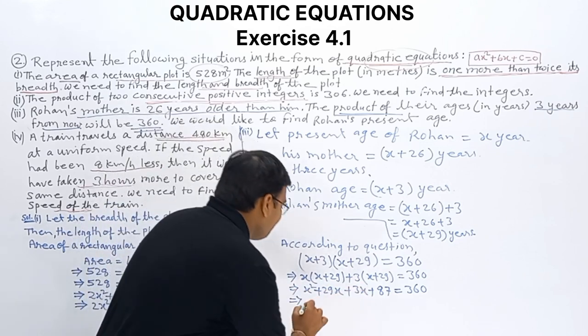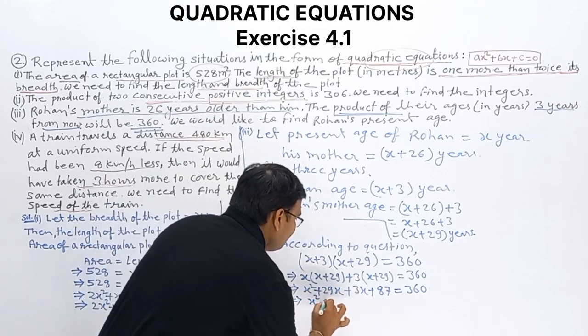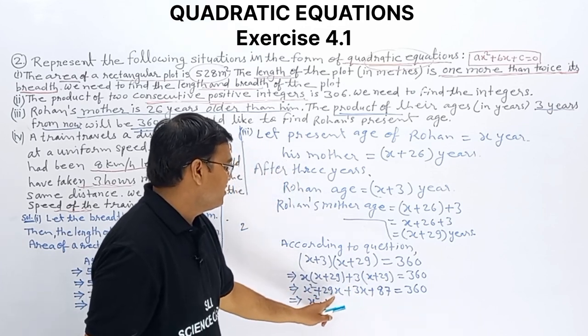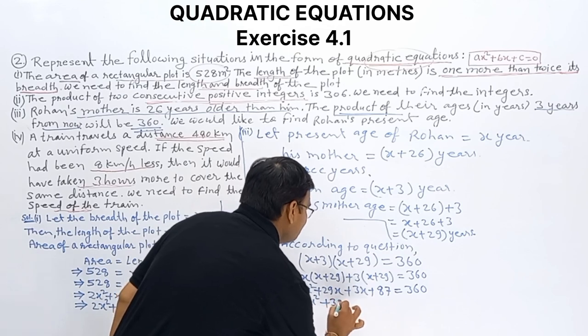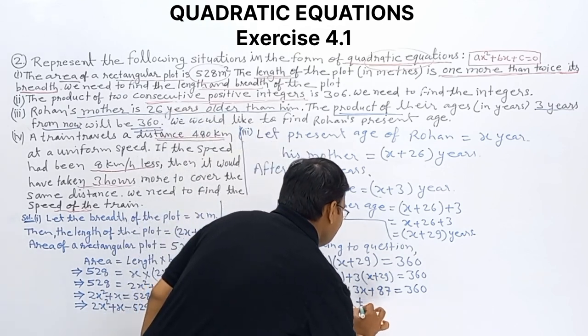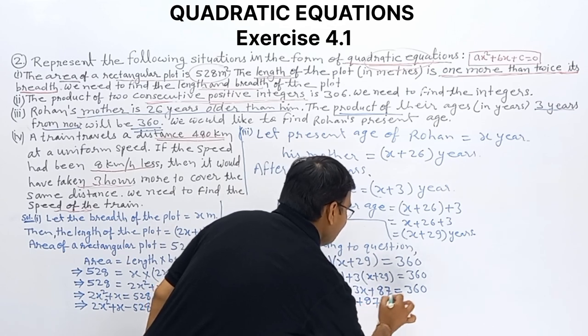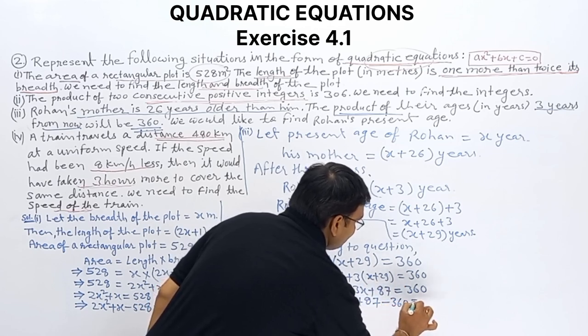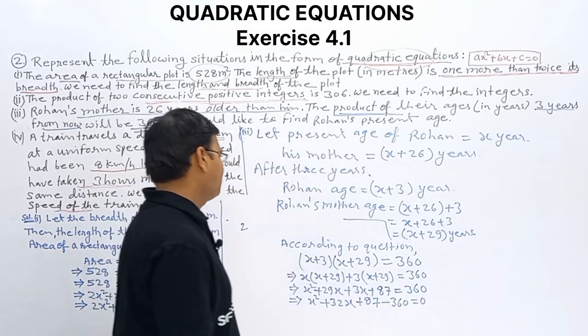Now we have only one x square term, plus add both, 29 plus 3 is 32x. Now this is what? 87. And bring this one from the right side to the left side. So what are we getting? Minus 360 equal to 0. Clear?